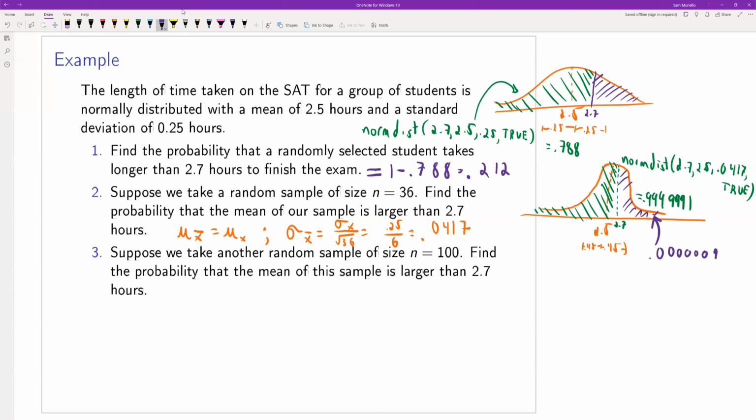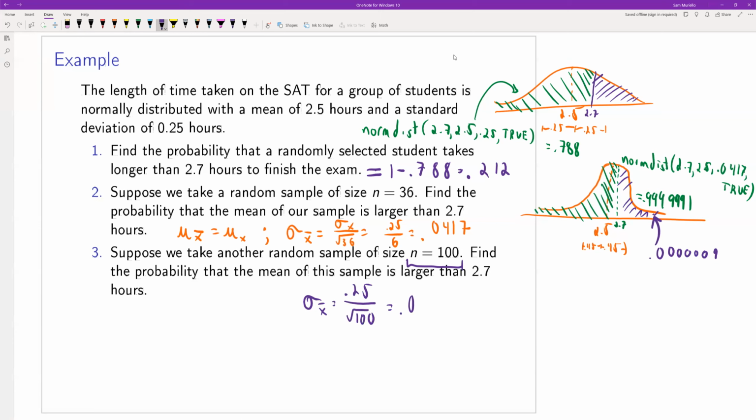If we repeat the experiment with 100, well, we can go ahead and see what it will be. The standard deviation will be 0.025 here, because it will be the 0.25 divided by square root 100.